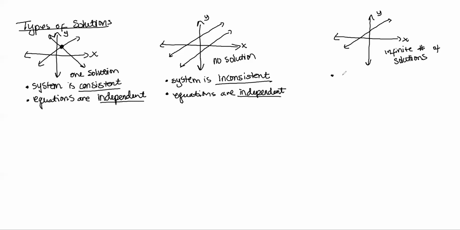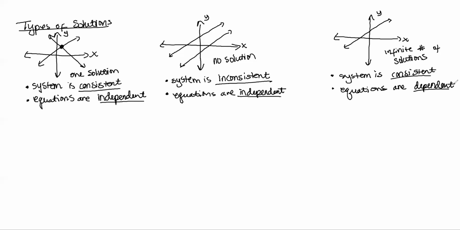And so for this one, we say the system is consistent because it has at least one solution. And the equations, because they're right on top of each other, we're going to say that the equations are dependent. So they're the exact same line, so they depend on each other, they are dependent.